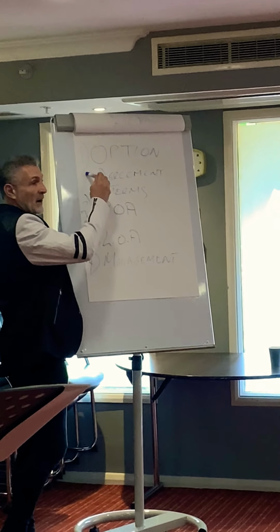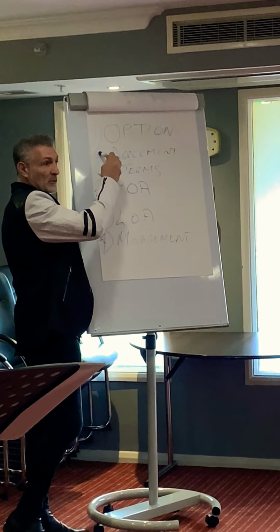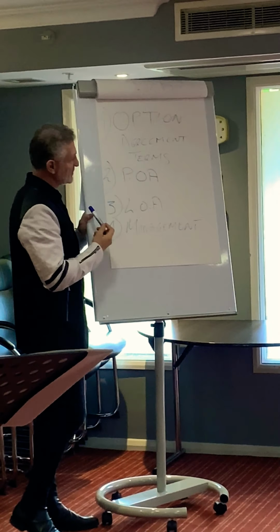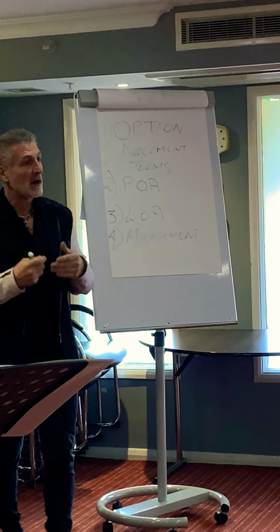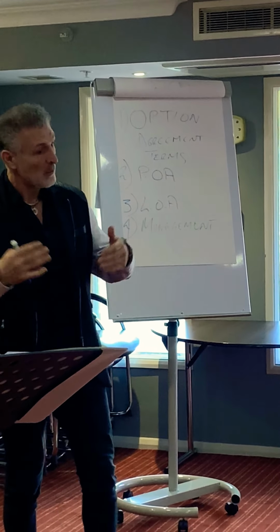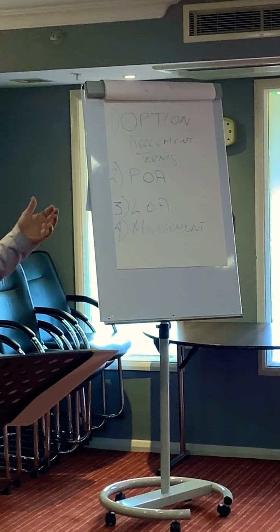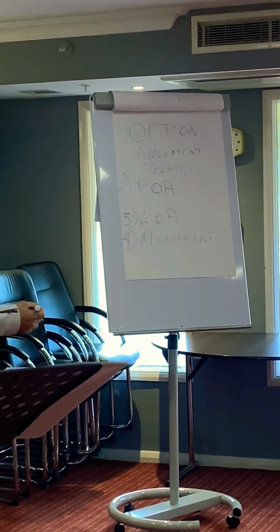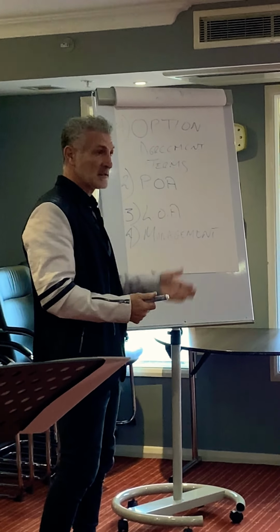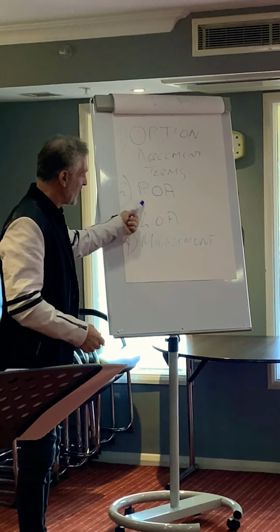So you have the option agreement, and that sets out the terms. Secondly, you have the power of attorney. If it's a husband and wife or more than two people, it could be probate. Whoever is in charge of the property, you need a power of attorney per person.